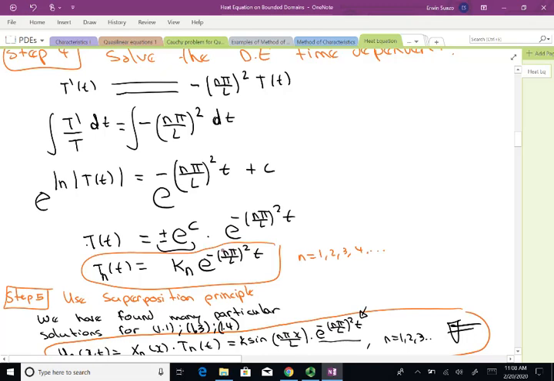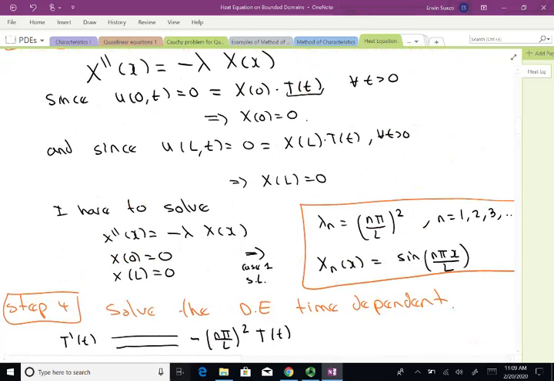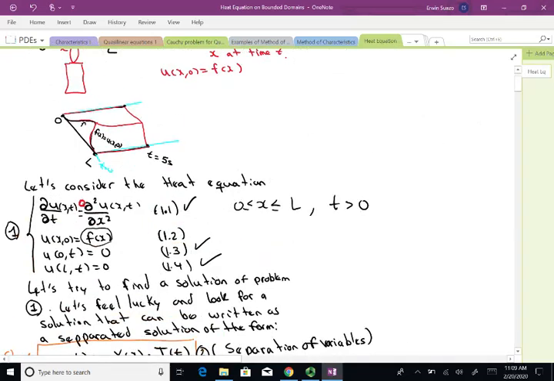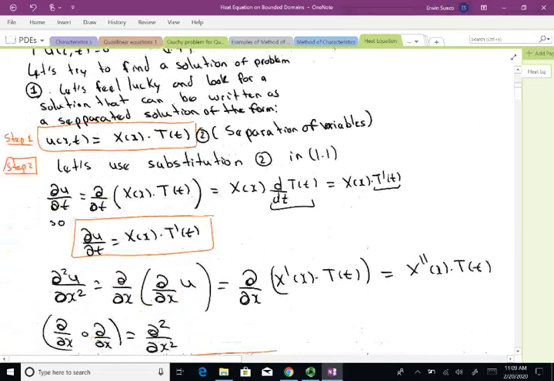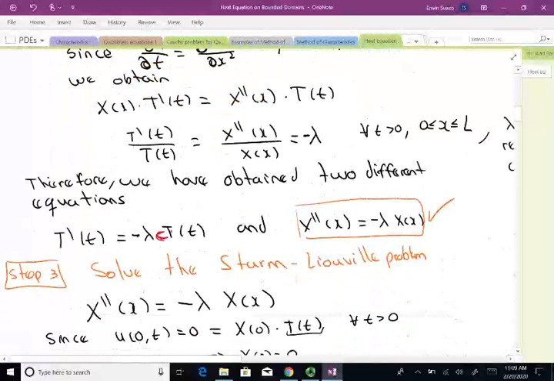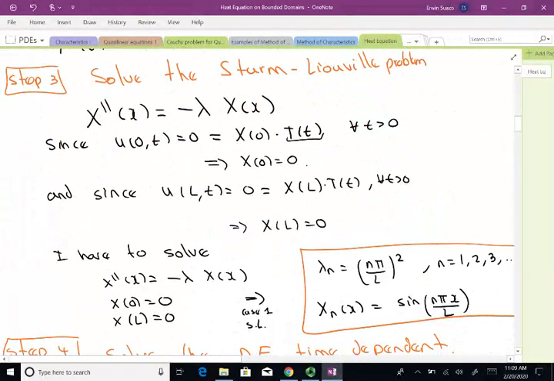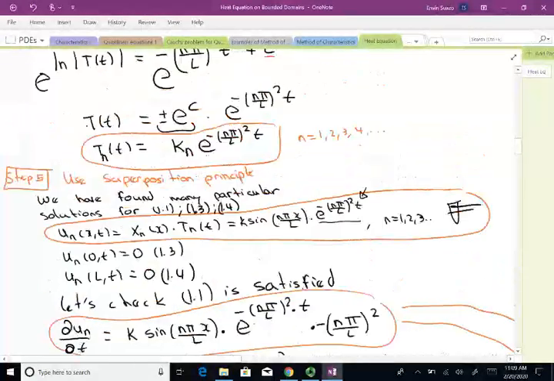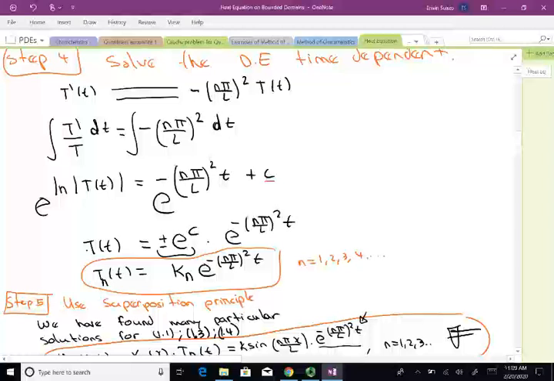That c is not a good choice because I already use c here. Let's call it a. If I call it a, I will have a here, and so on.